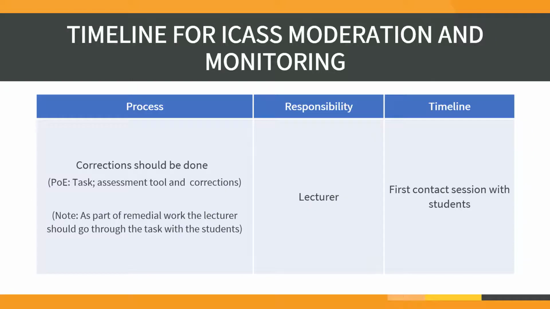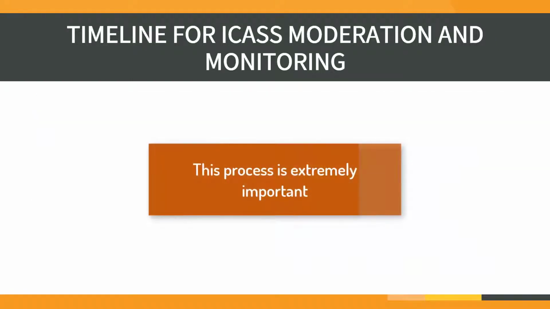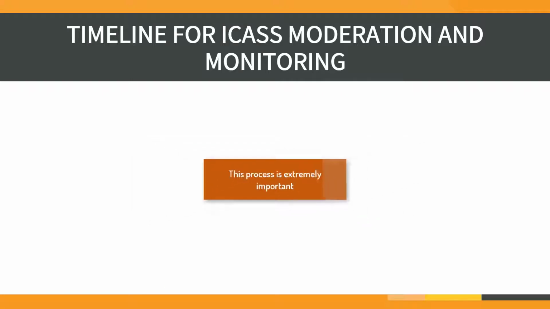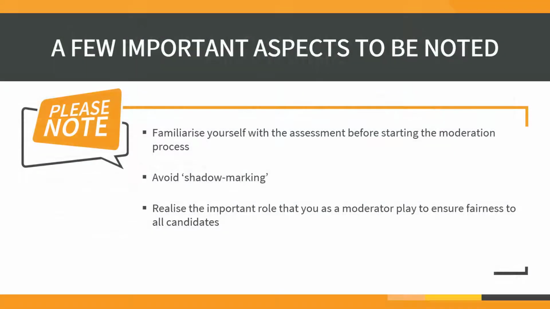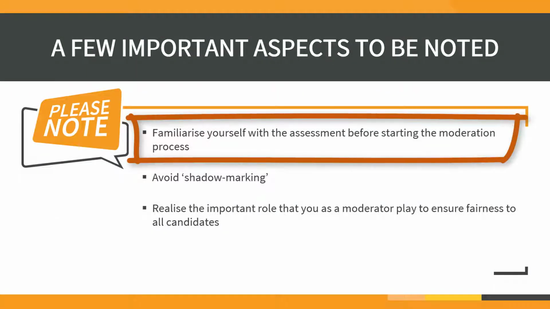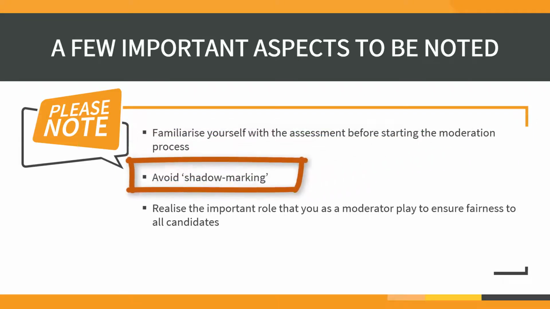This process is extremely important, so I will highlight a few aspects that you need to remember. Firstly, familiarize yourself with the assessment before starting the moderation process. As a subject expert, you should know the answers without looking at the memorandum. Secondly, avoid shadow marking.